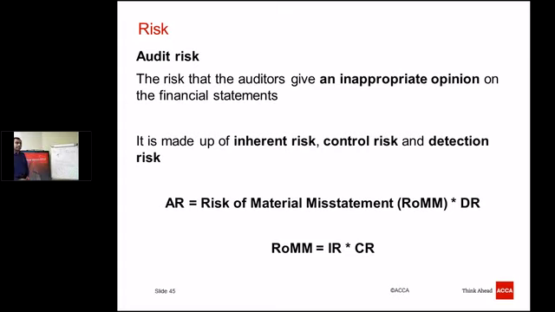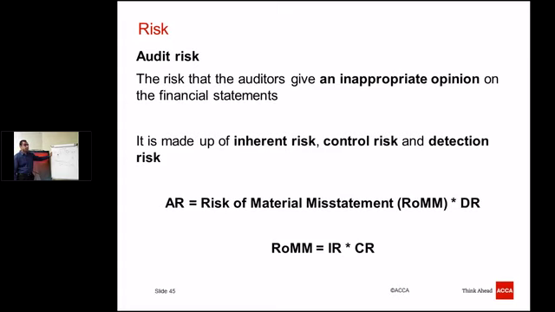The reason for this is that when I have a low materiality level, I select more transactions. I tend to select higher sample sizes. I test more of the transactions. And when I do more testing, that automatically reduces my detection risk. And this reduction in detection risk brings about the reduction in the audit risk to an acceptable level.